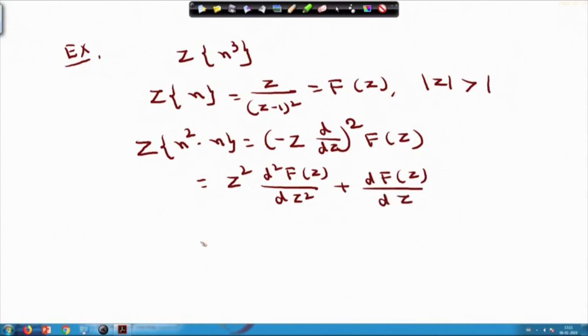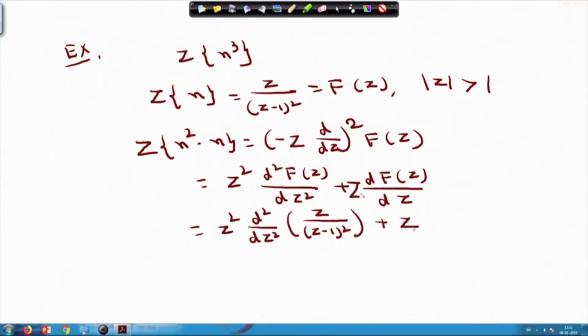And you already know capital F z is z by z minus 1 whole square. So this is d square dz square of z by z minus 1 whole square, which is one term, and then z into d dz of z by z minus 1 whole square.